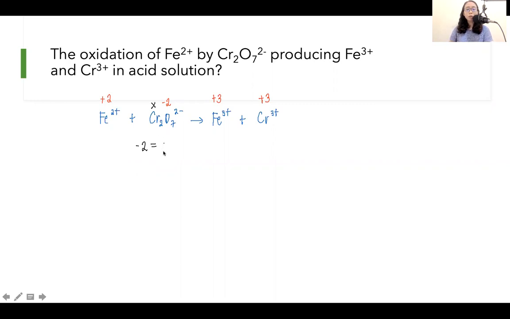We have 2 chromiums according to the formula of the ion multiplied by X, which is the oxidation number of chromium in this ion, plus we have 7 oxygens multiplied by -2, the oxidation number of oxygen in this dichromate ion.